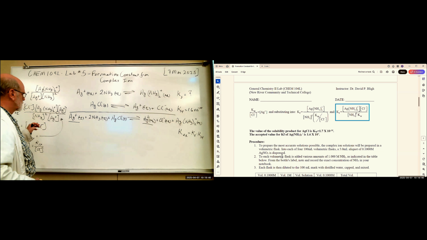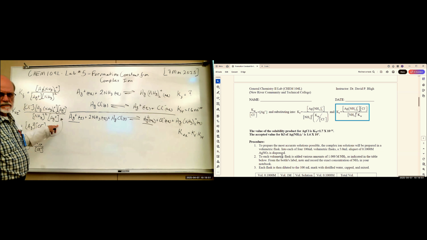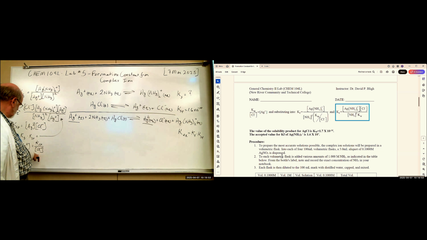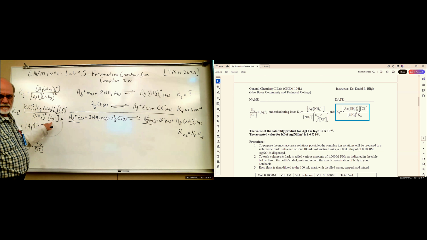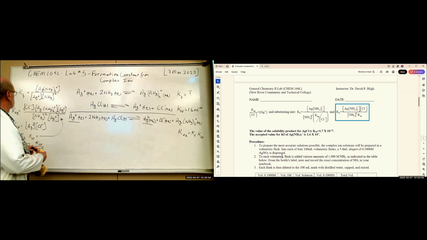KEQ. KSP over chloride should go down here, right in that position. But what happened to the silver? Silver's gone.